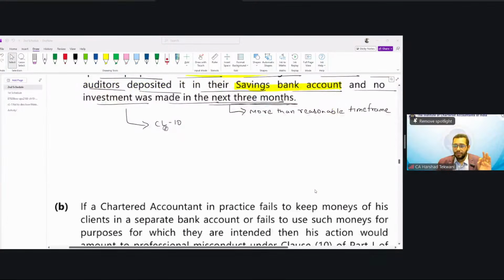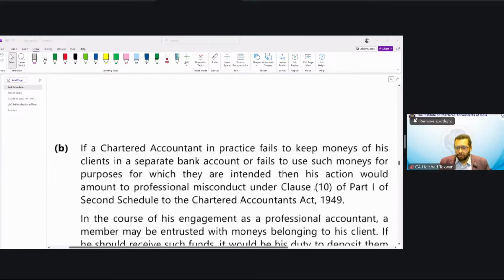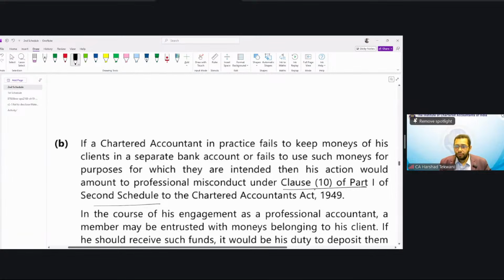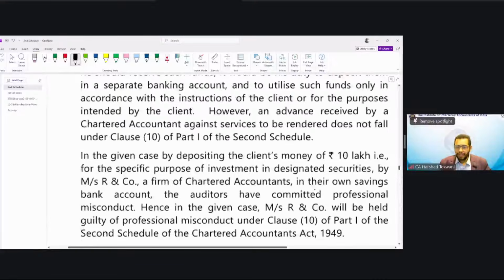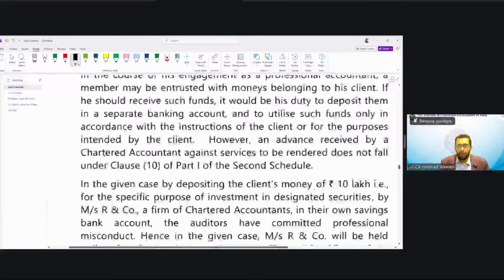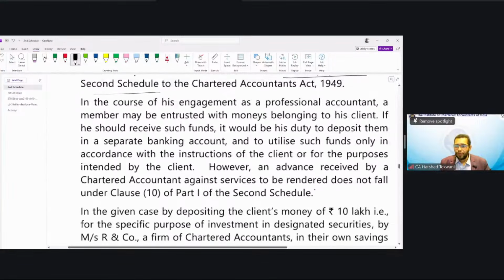Let's see the answer. Again, clause 10, part 1 of the second schedule, fails to keep the money. You need to specify that he should receive such funds, and it would be his duty to deposit them in a separate banking account and utilize such funds only in accordance with the instructions of the client. Again, advance received by the chartered accountant does not fall under this.